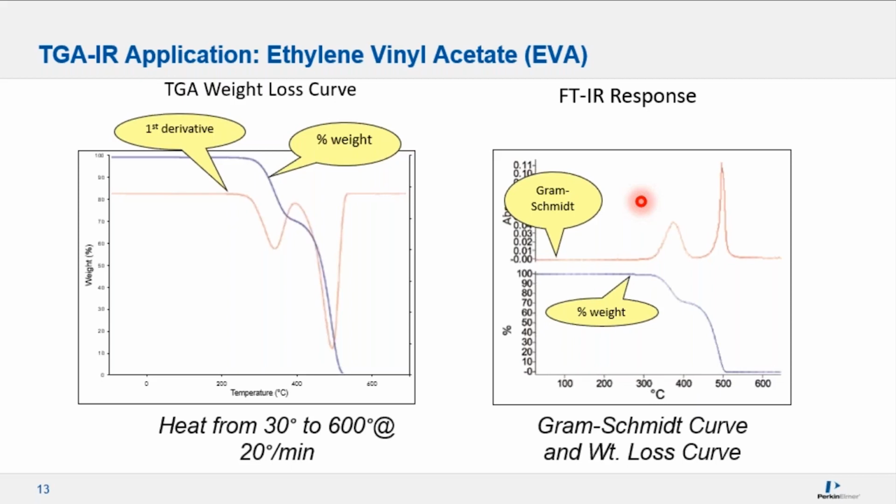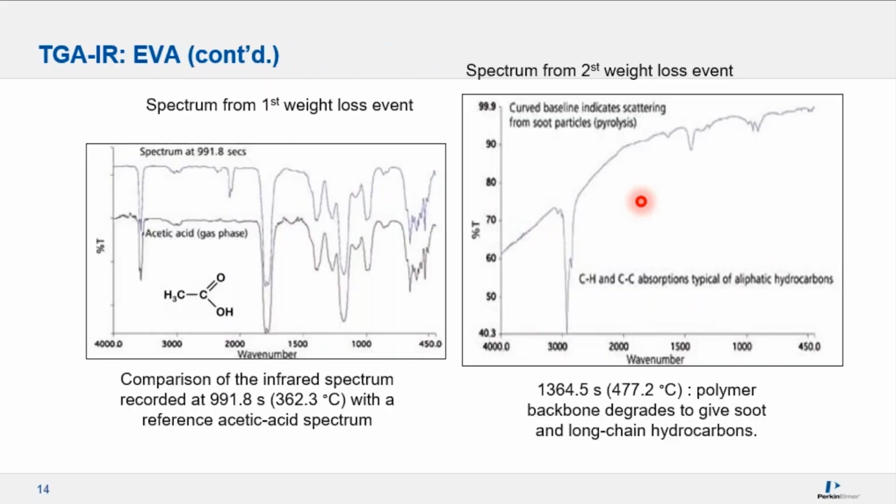So at any point along this Gram-Schmidt plot, we can identify time or temperature, and we can extract individual FTIR spectra to get more chemical information. So what we're going to do is look at 2 points along this Gram-Schmidt plot corresponding to these 2 weight loss events. So this left-hand plot shows the first spectra from around 360 degrees Celsius.